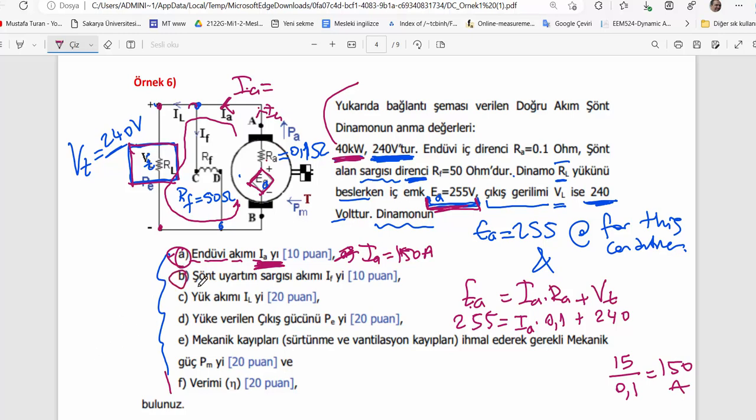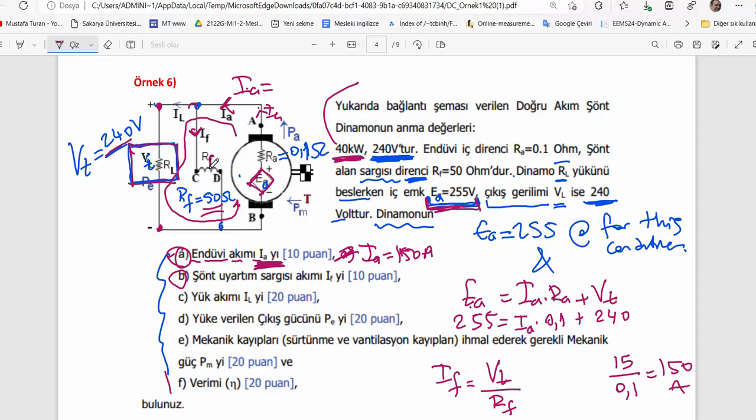Let's solve the second one. Shunt field current. What is the shunt field winding current? This resistance was 50 ohms. The voltage was 240. So the shunt field current is equal to the terminal voltage over R field.